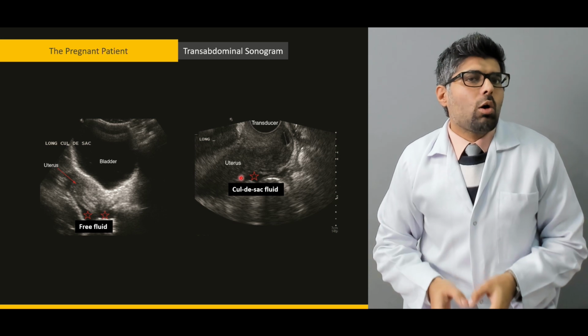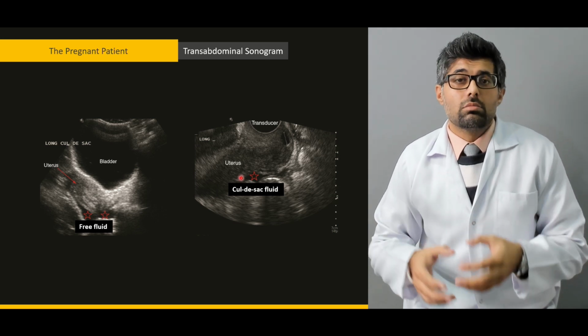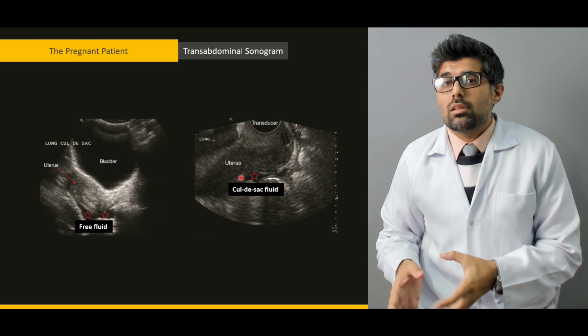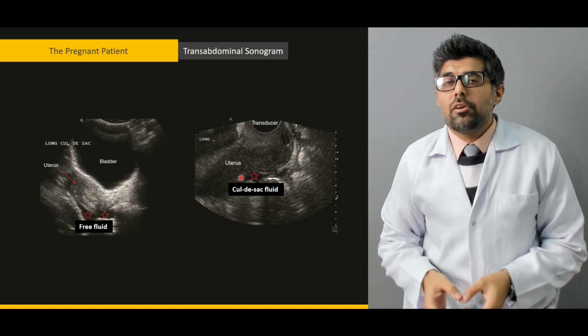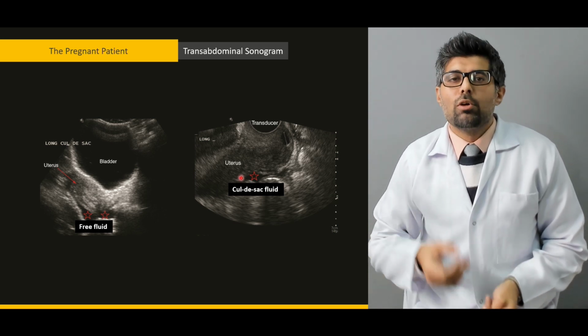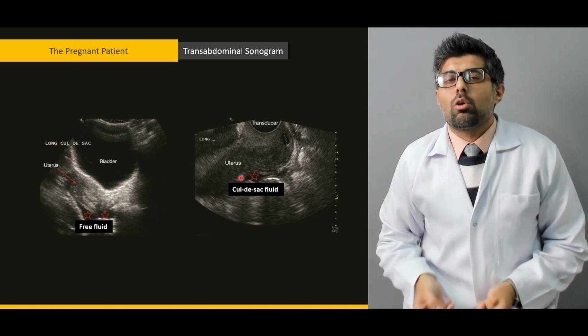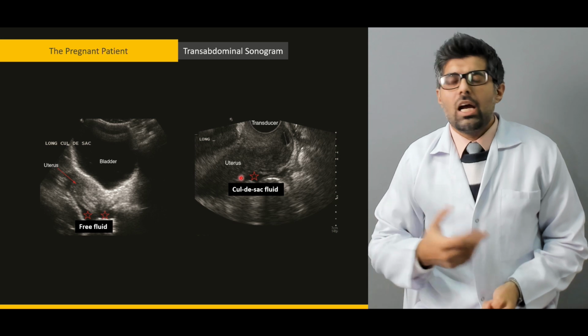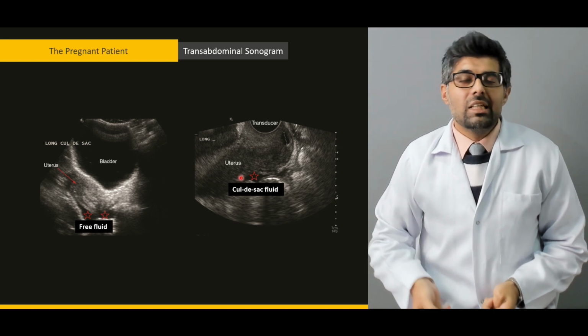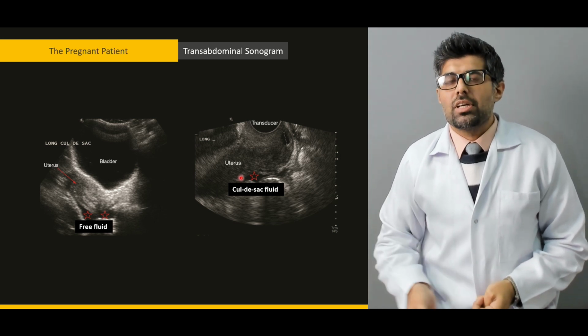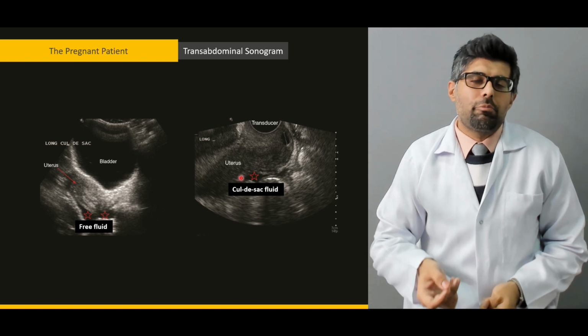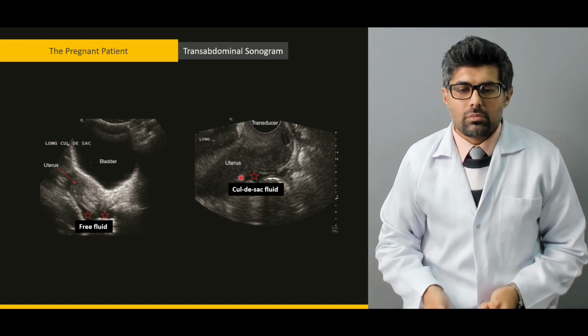The presence of fluid in this area is very much indicative of an ectopic pregnancy, even if you cannot find any other evidence of implantation, especially if the patient has high levels of beta HCG.